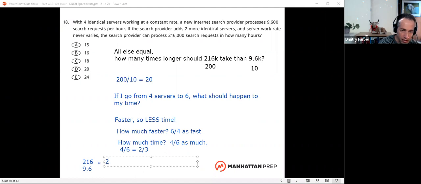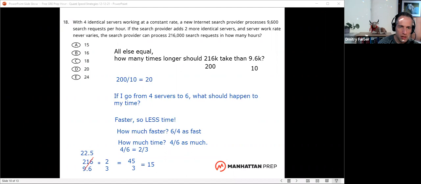Sorry, 2/3. Don't do it the wrong way, see? We already figured out on the calculator that this is 22.5. So I could rewrite this then as 45/3, which is exactly 15, which some of you got.